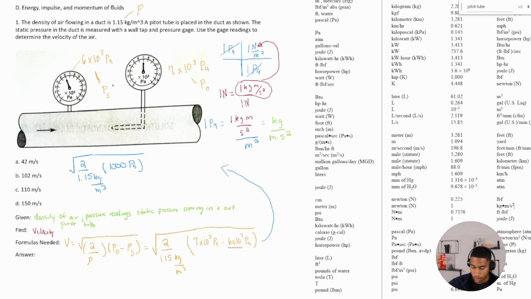All right, cool. Now that we have all of that, now we know that we can substitute these units into here. We just want units that will make sure that things cancel.